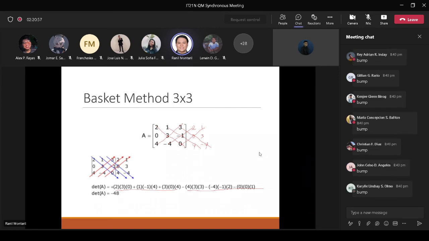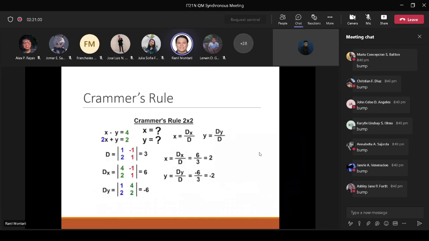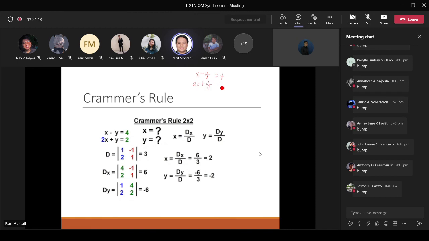Now, let's have a true problem. Let's have this equation. Suppose you have 2x minus y, right? You have x minus y is equal to 4, and you have 2x plus y, which is equal to 2. Now, question, what is my matrix A? Yung coefficient matrix? It is 1, negative 1, 2, 1.